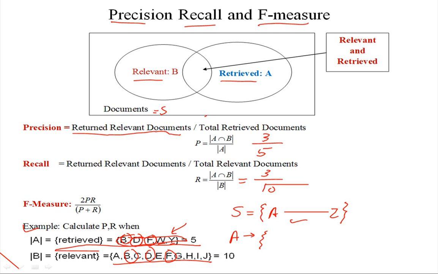So this is the recall. Recall is equal to returned relevant documents divided by total relevant documents. This is the set of terms which are common in retrieved and relevant documents.